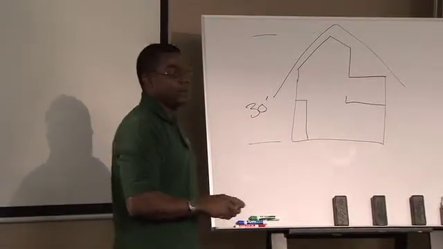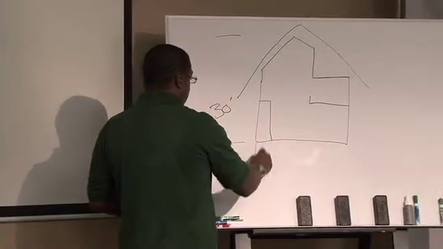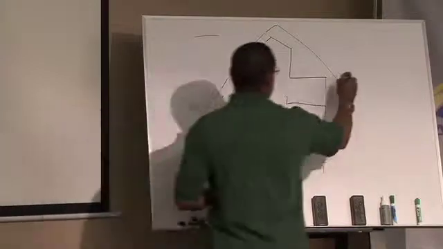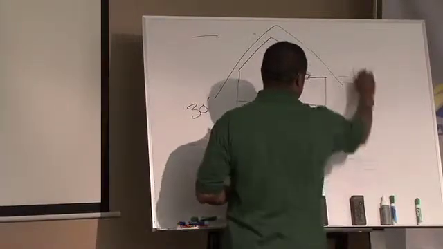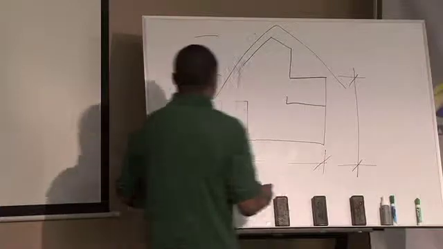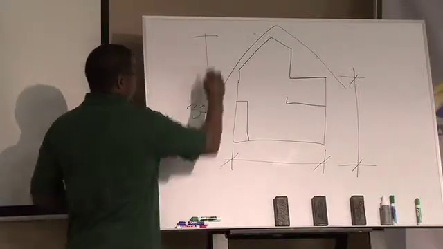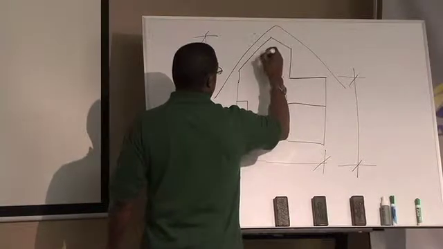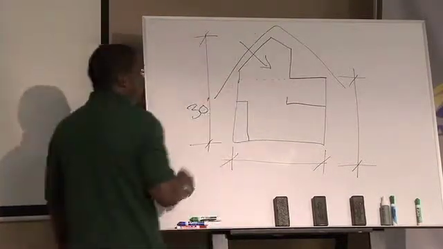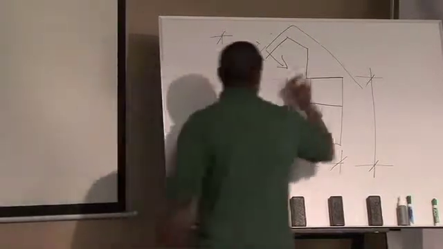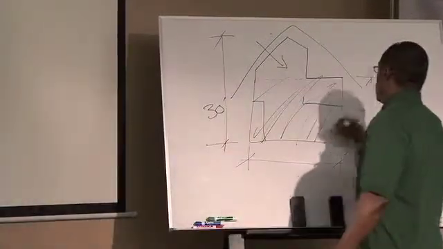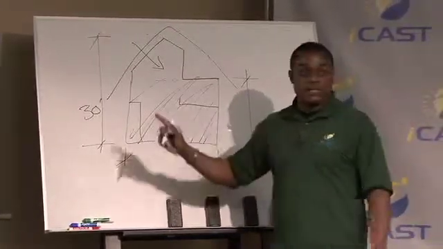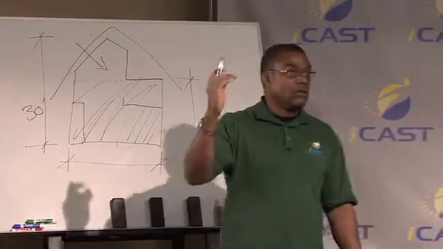What are the dimensions we care about? We care about this dimension, and this dimension, and this dimension, because we're going to calculate this area all by itself, and then we're going to calculate this area. We don't care if it's all chopped up and that it's got 6-foot ceilings and 2-foot ceilings and 40-foot ceilings.